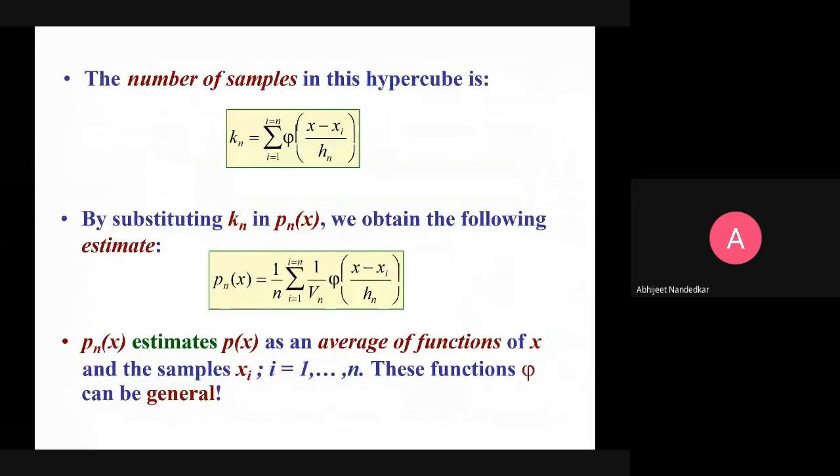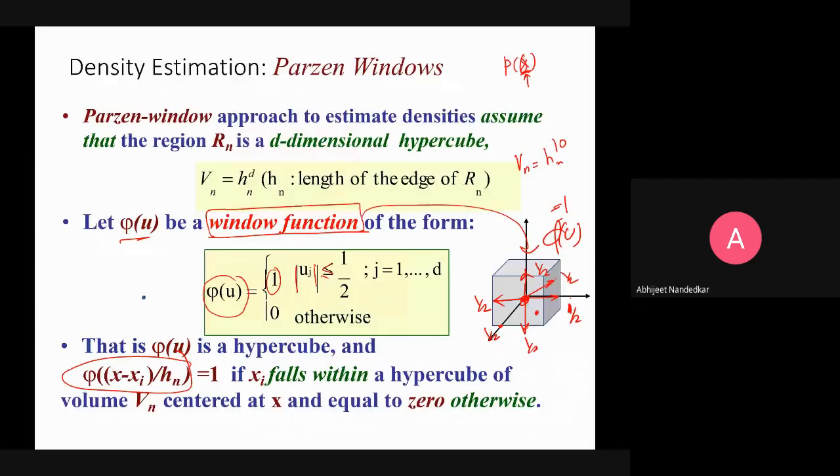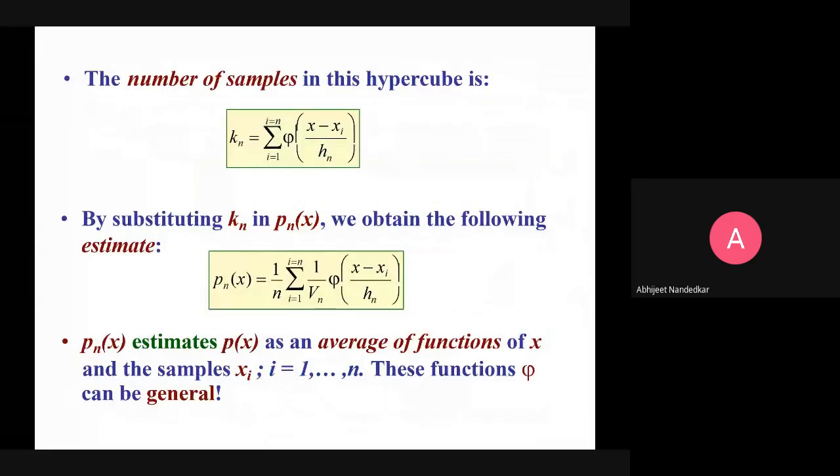Now the thing is that I want to count how many samples out of the total n samples fall in that box. I can just revise the concept here.